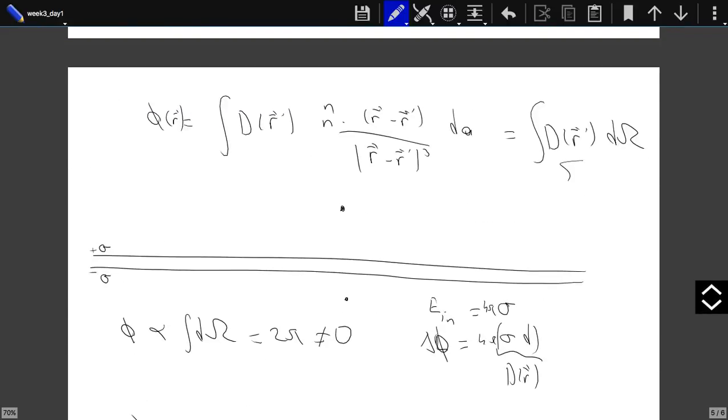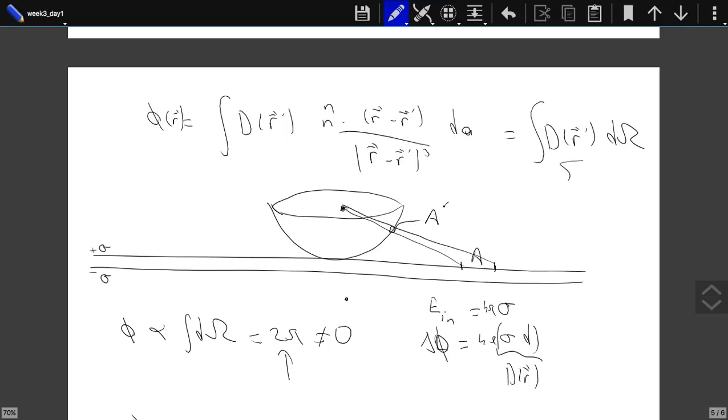Now, in this example over here, I straight away wrote that the solid angle was 2 pi. Because instead of this plane, I can imagine this hemisphere. For every area over here, there is a corresponding A prime on the sphere.